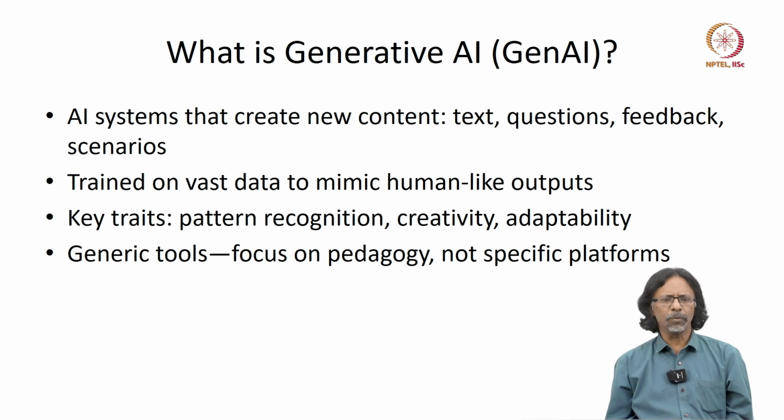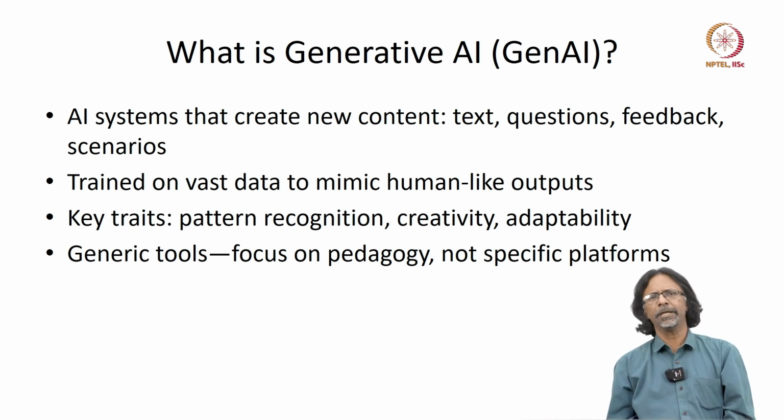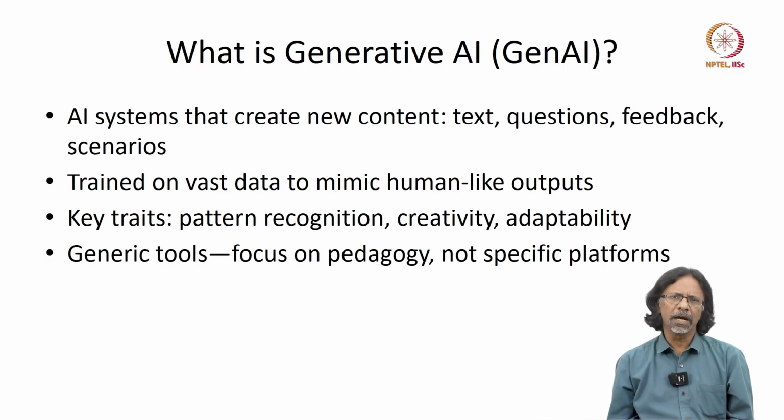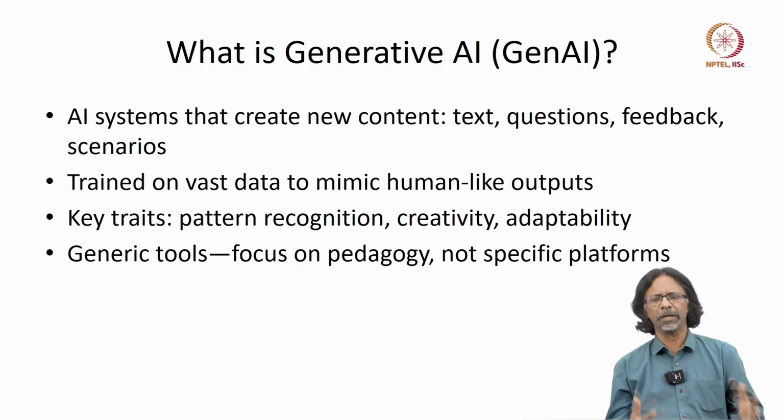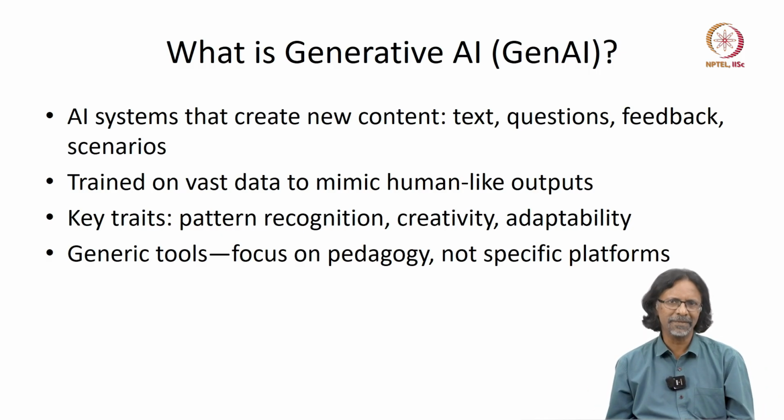These are all generic tools, and our focus on the use of generative AI is going to be on the pedagogy and not on specific platforms as far as this particular lecture is concerned.